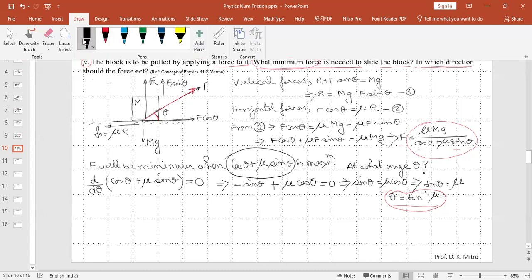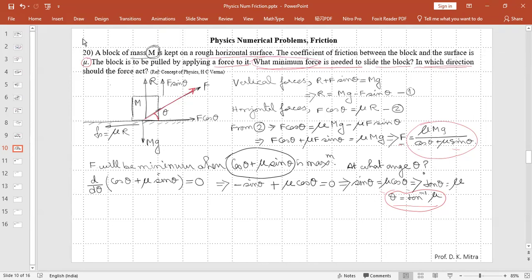And also they asked what minimum amount of force is required. It will not be difficult now. You have to only find out F by putting the value of theta. Theta is tan inverse mu. So F is equal to mu mg divided by cos theta plus mu sin theta. We have to bring in tan theta somewhere, so we divide everything by cos theta.